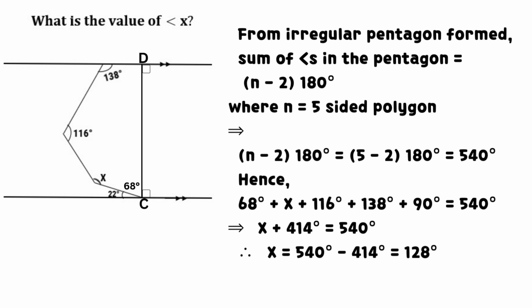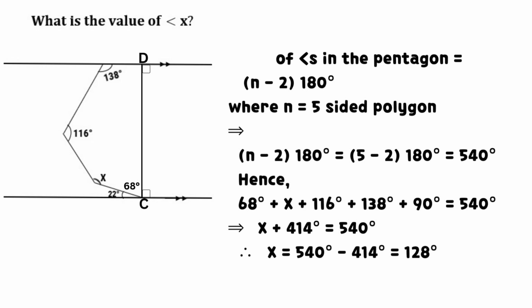After simplification of substituted values, hence, the sum of 68 degrees and x plus 116 degrees plus 138 degrees plus 90 degrees equals 540 degrees. Simplify and we have that x equals 540 degrees minus 414 degrees, which equals 128 degrees.